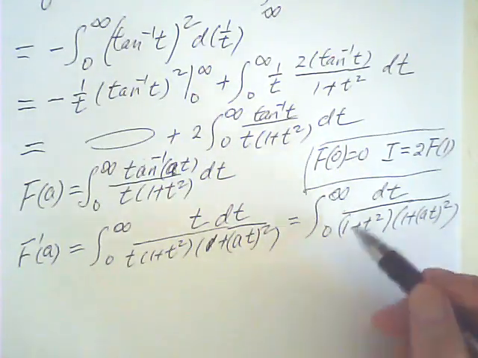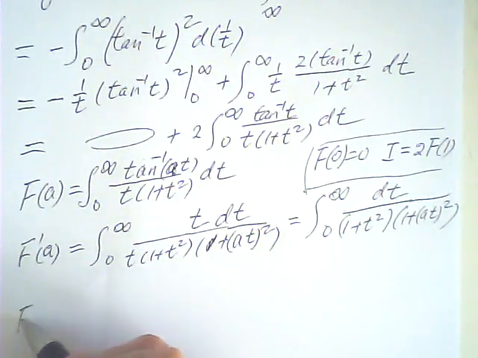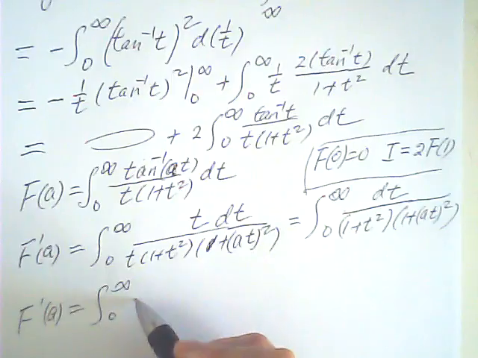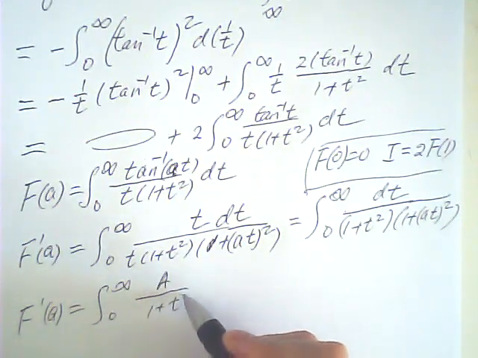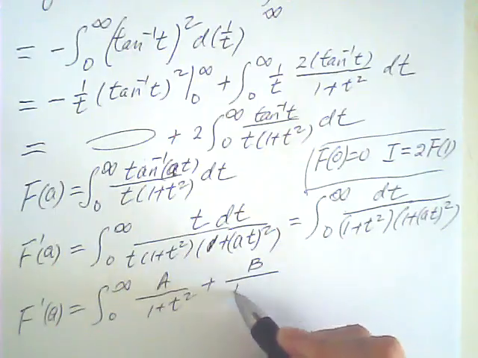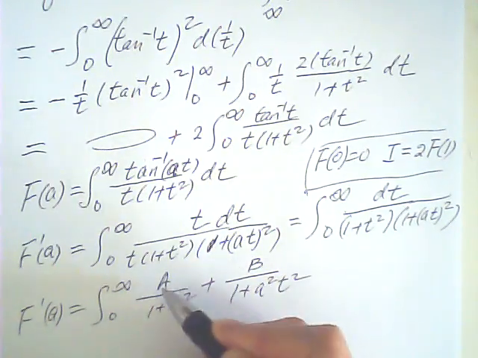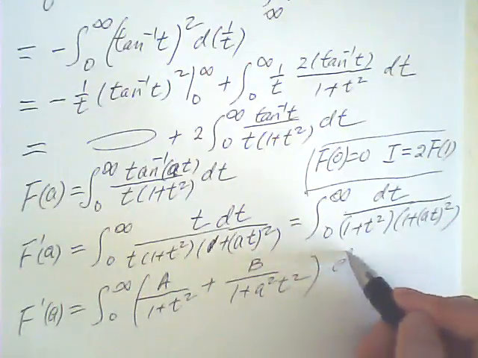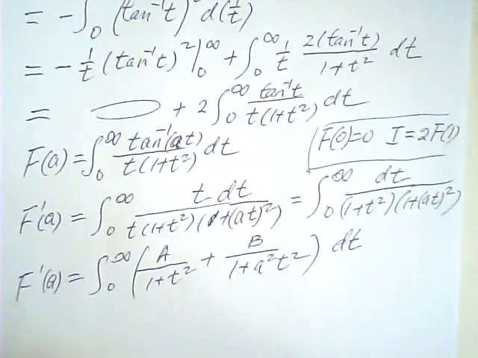Then we use partial fractions, right? So f prime of a is equal to the integral of A over 1 plus t squared plus B over 1 plus a squared t squared, dt.